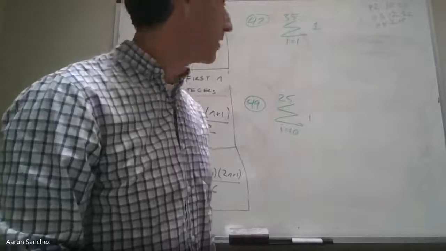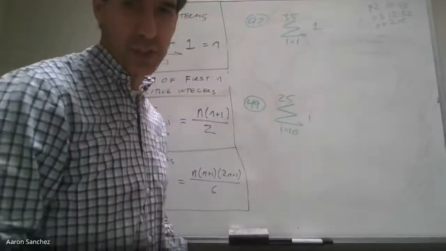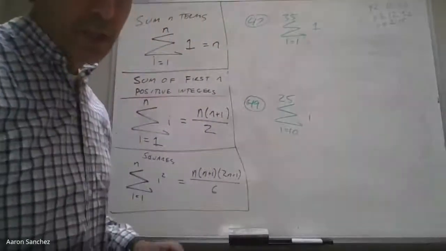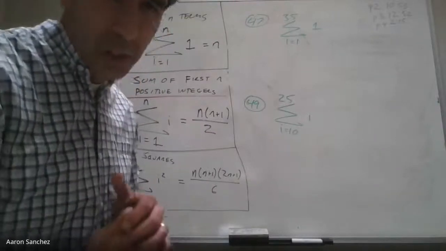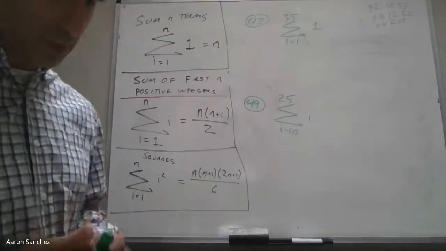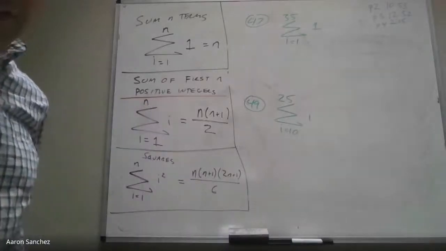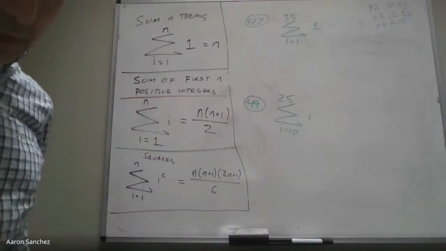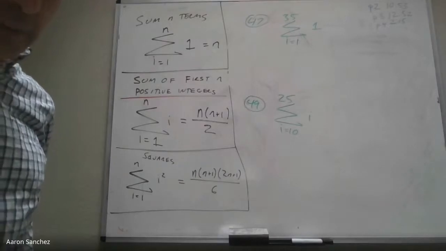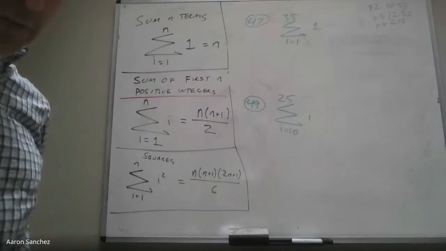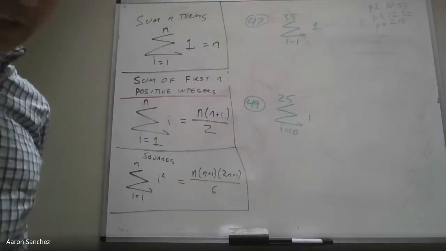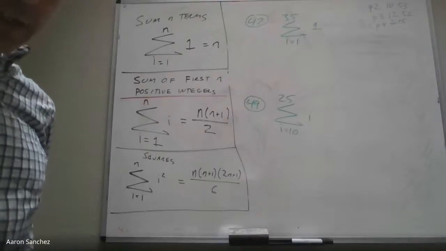All right. Let's look at 47 first. If you look at 47, I'll wait till you guys have it written down. But 47 should be very familiar. Familiar, familiar, familiar. 47, if it looks familiar, it is easy.